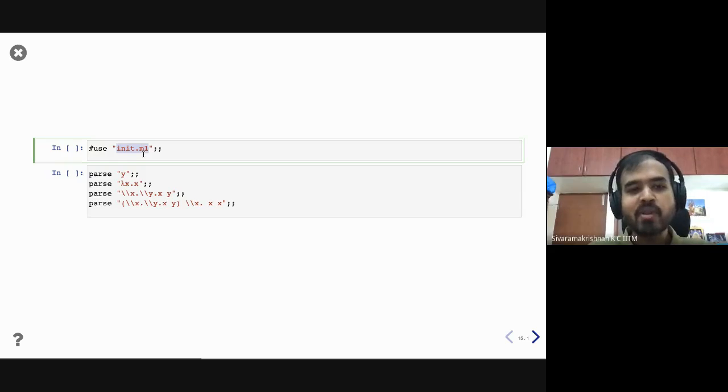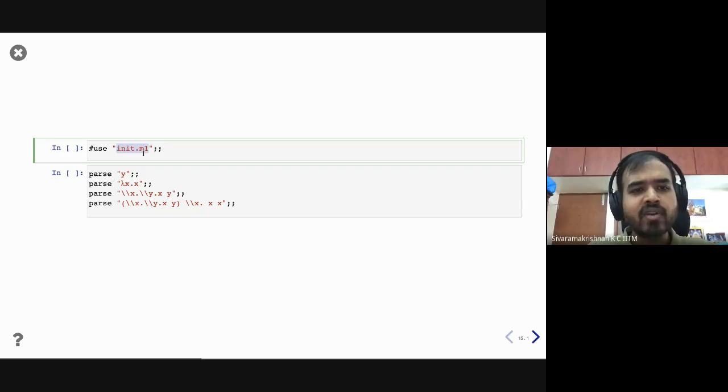But when you write OCaml code in a file, you will name that file with a .ml extension, right? I think building files and building multiple directories is not the point of learning programming languages. I think you can learn all of that later. But all this is doing is saying there is some OCaml code in this file called init.ml. If you go to this directory and have a look, there will be a file called init.ml.